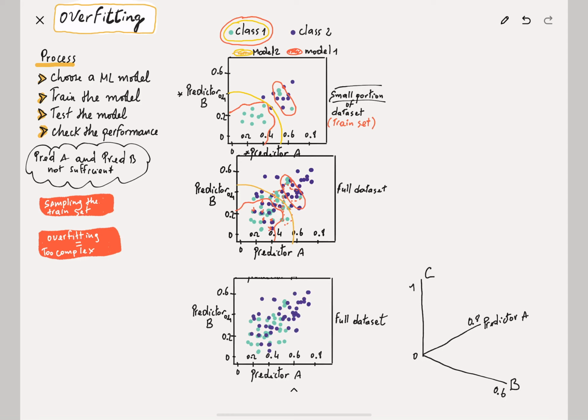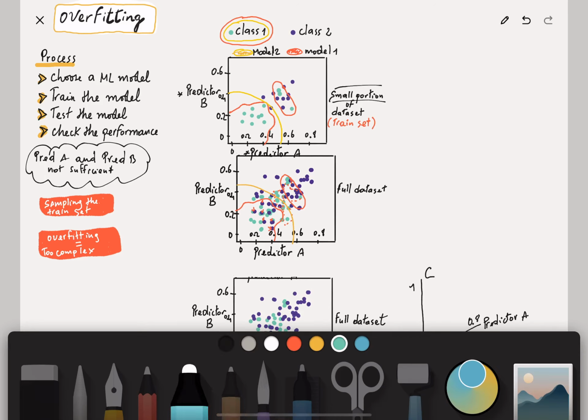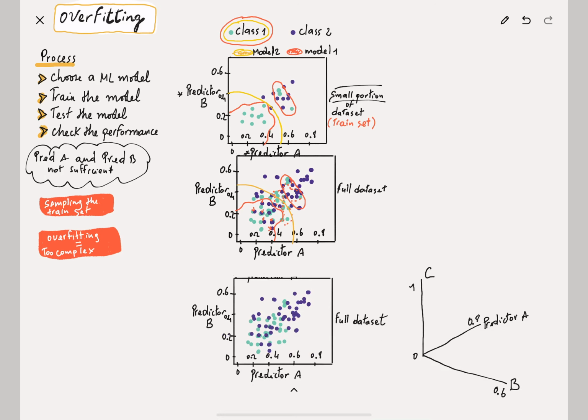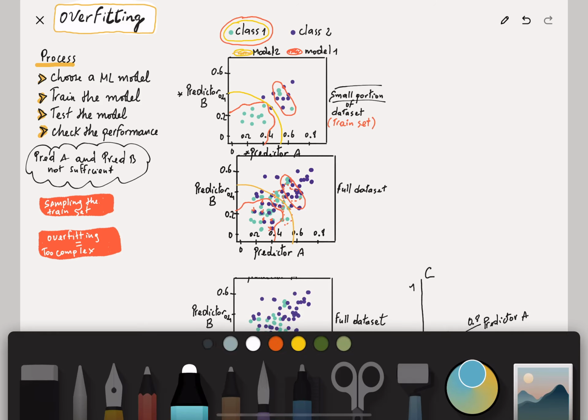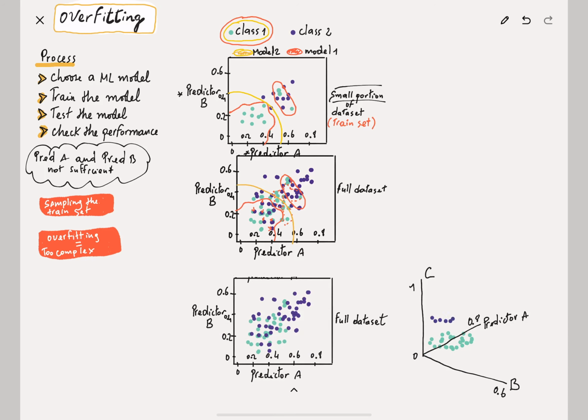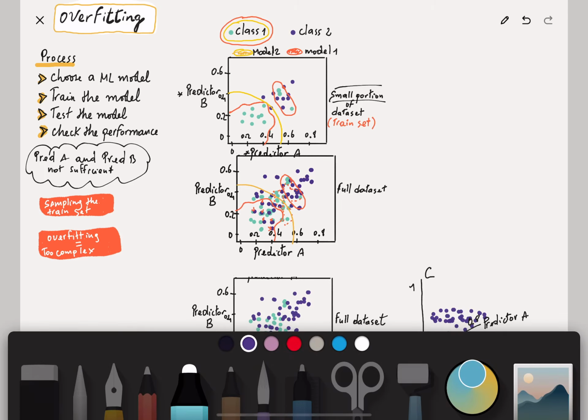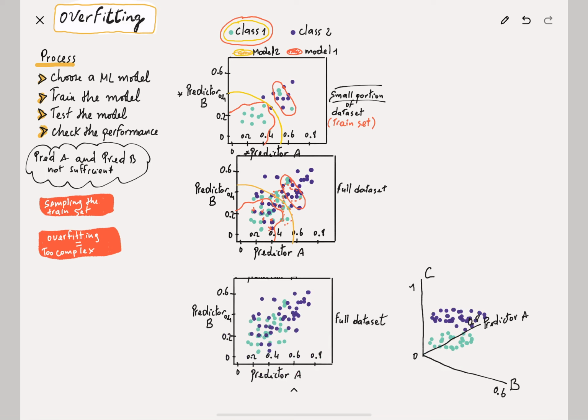Something like that. Now, if we start drawing these dots here, you can think that looking at this, you can actually create a separation, because now predictor C comes in and allows us to separate the classes properly, right? So in this particular case, we can draw a plane.